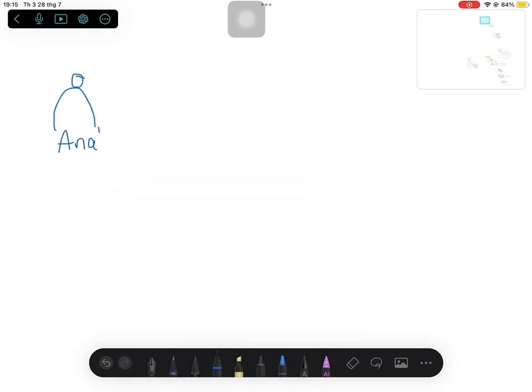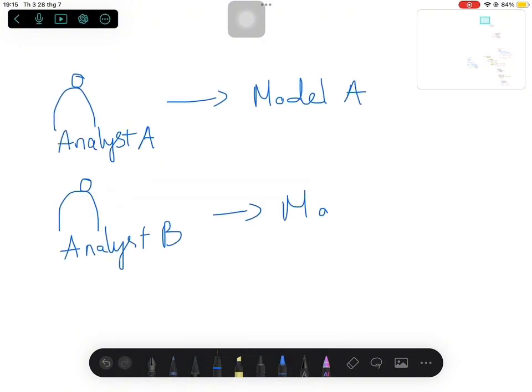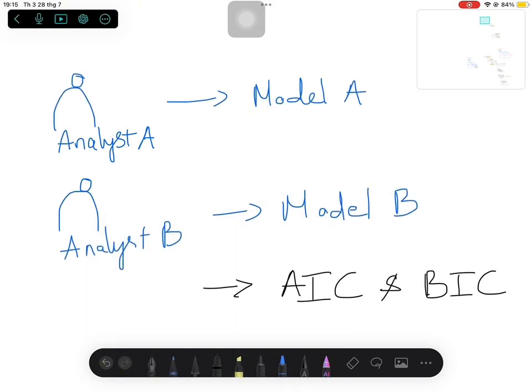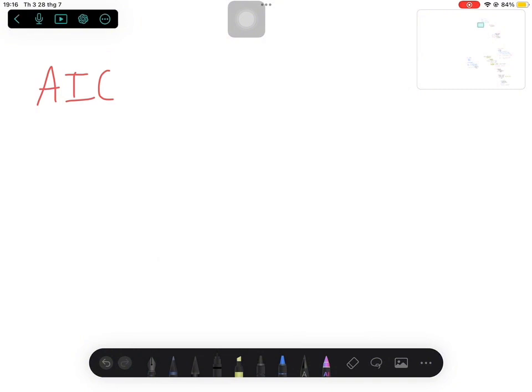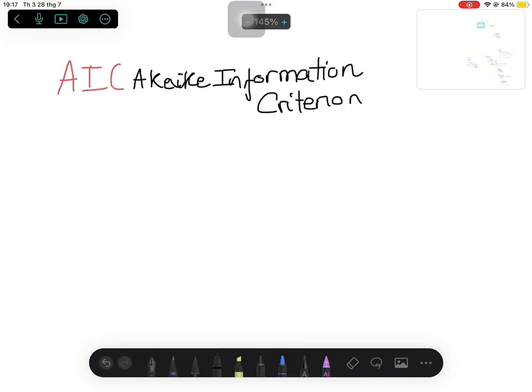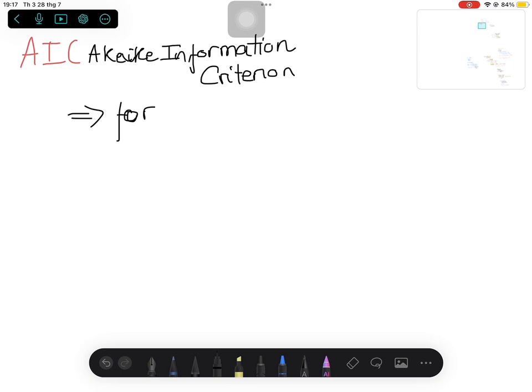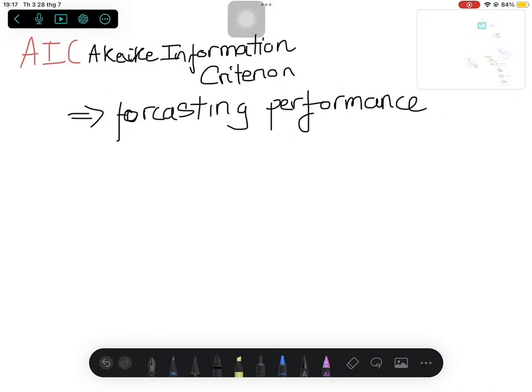Suppose two different analysts build two different regression models. Which one should you trust? This is where AIC and BIC become useful. AIC, the Akaike information criterion, focuses on forecasting performance. If your goal is predicting future stock returns or future sales, AIC is usually preferred.